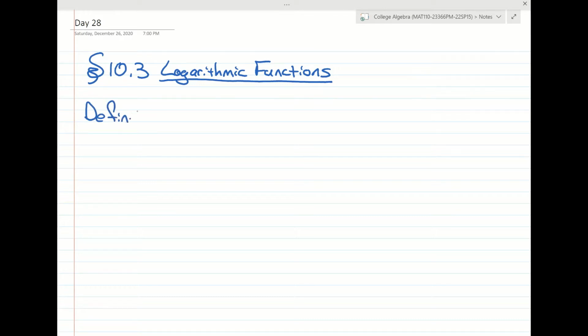The definition of a logarithm is that a logarithm is the inverse of an exponential.